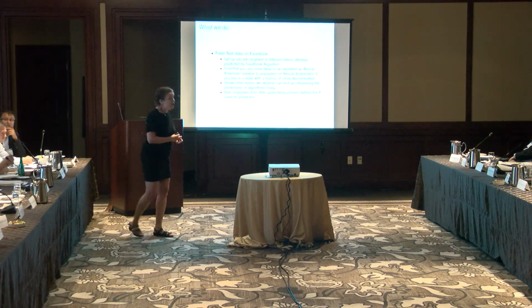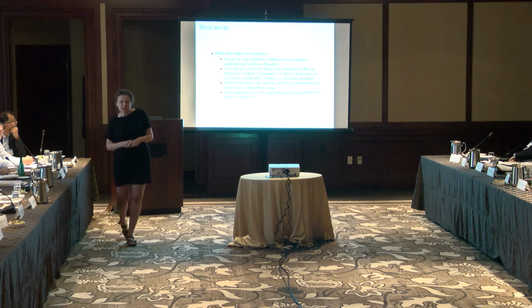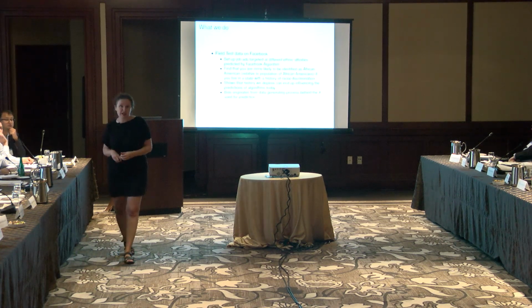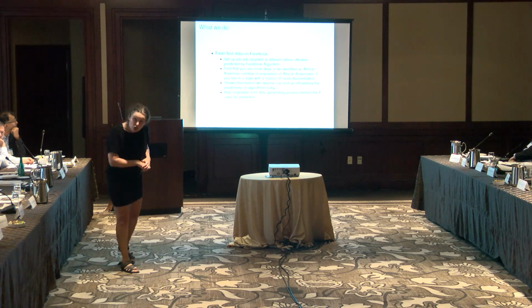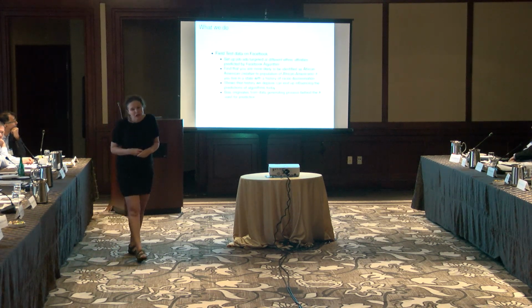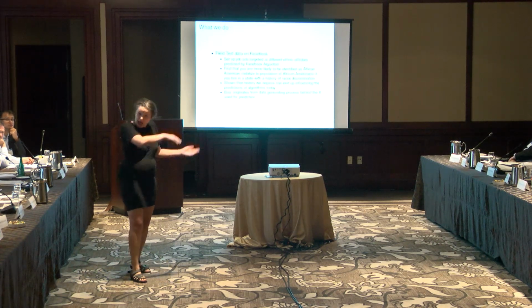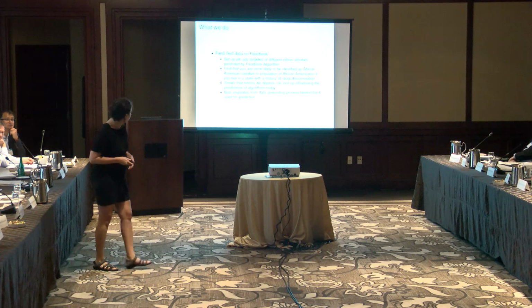And what we're going to find out is the algorithm that Facebook uses to predict whether you are of an ethnic affinity is going to be more likely to predict you as being African American if you live in a state which had legalized slavery at the time of the Civil War.